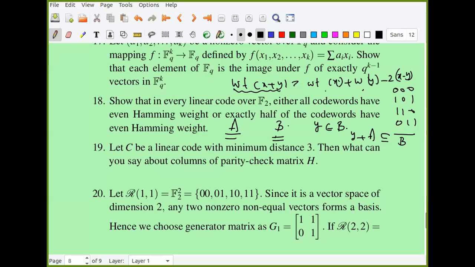Yes, sir. But what about the cardinality of y plus A and the cardinality of A? They are equal, right? So the cardinality of A is less than or equal to the cardinality of B. Similarly, I can prove the cardinality of B is less than or equal to the cardinality of A. Is it clear?